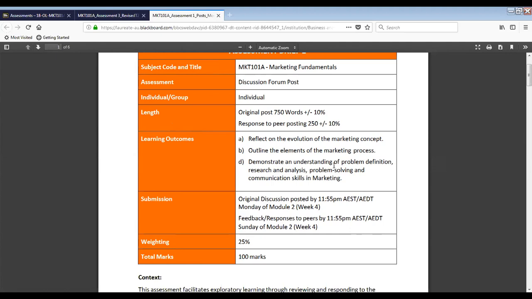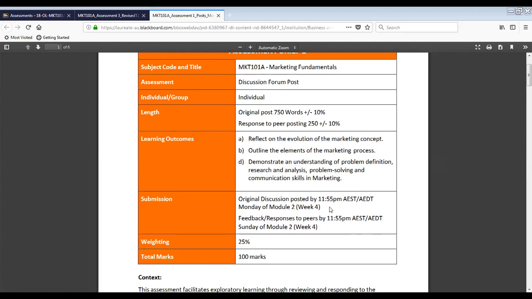That one is due on Monday, week 4, I think it is on the 25th of June. And then the second posting is actually your feedback to the other students. Feedback to 2 students' postings.